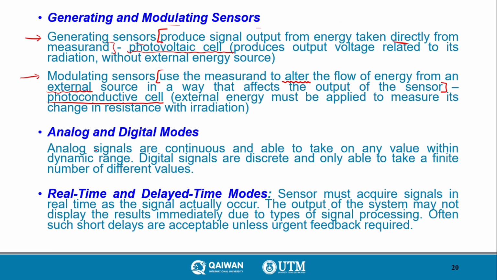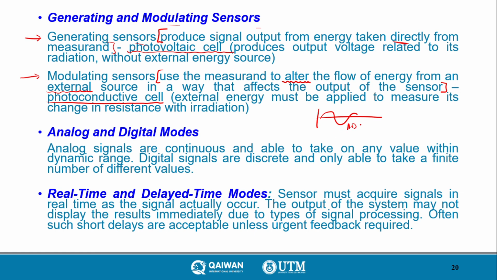Analog and digital modes. Analog signals are continuous and able to take on any value within dynamic range. So this is the analog signals. Digital signals are discrete and only able to take a finite number of different values.